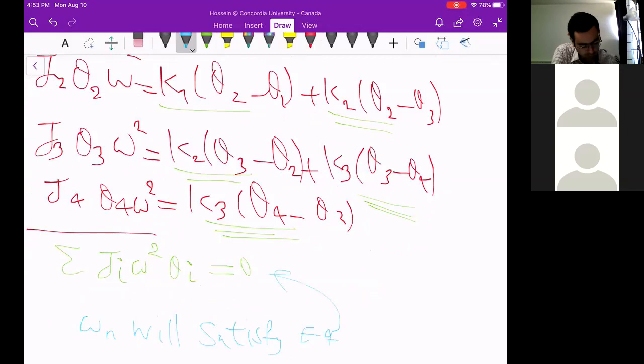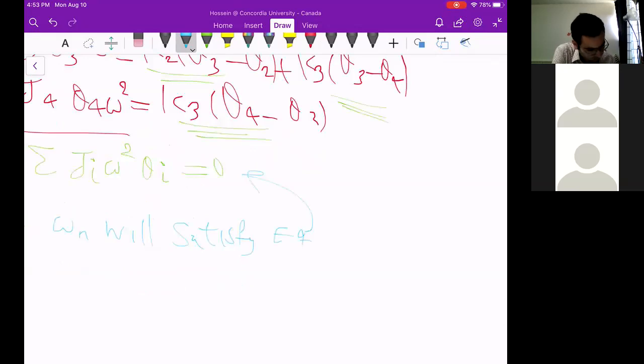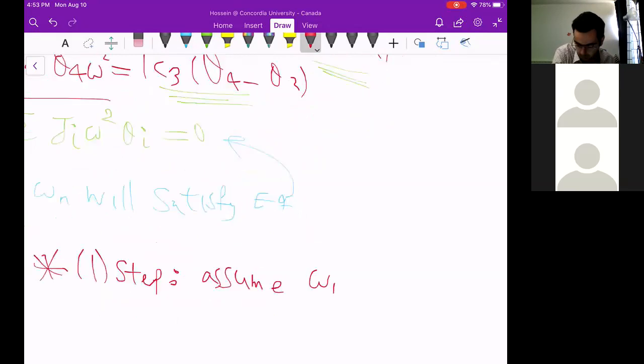So the Holzer method basically says that we assume an arbitrary value of omega. First step, assume omega 1 arbitrary, like for example 10 or 5 radians per second.